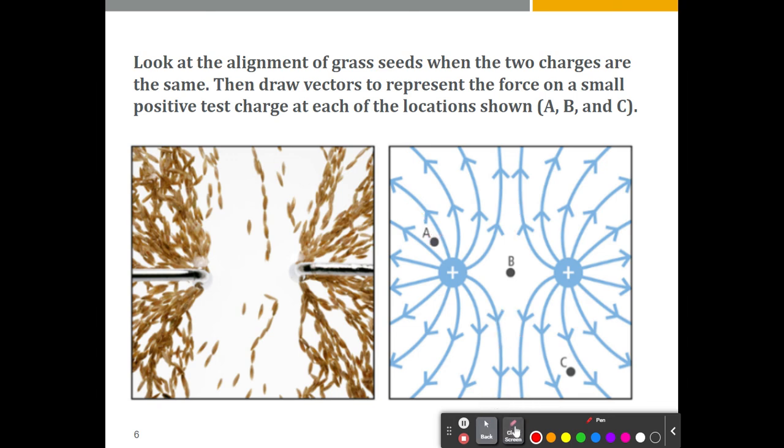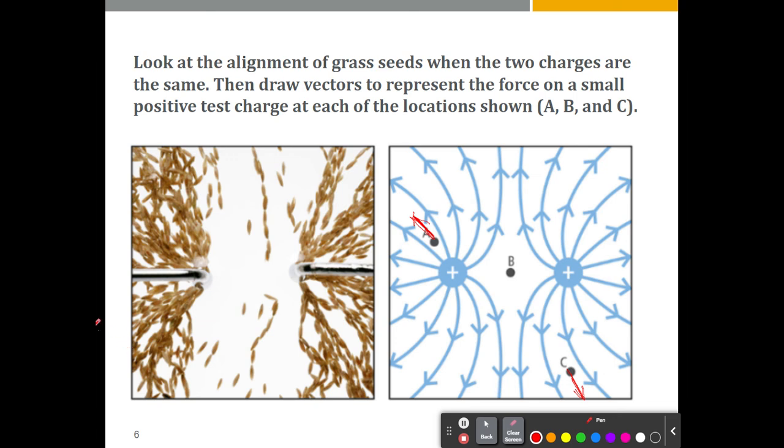But those are not actual force vectors, because the forces on the B point charge are balanced right now. It's being pushed from the left, pushed from the right, balanced. And for C, its force vector would be out in this direction.